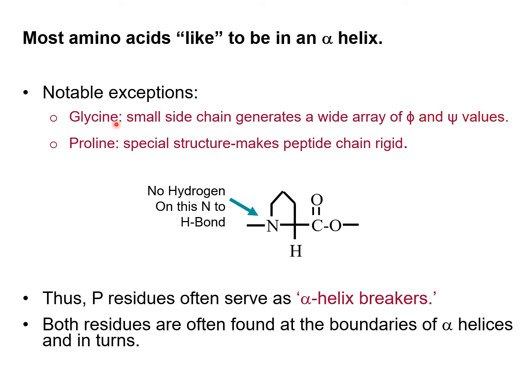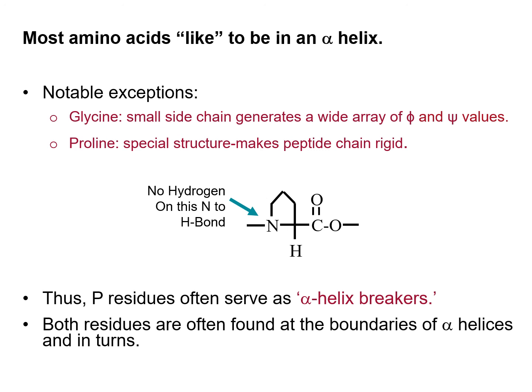The first one is glycine, the amino acid with the smallest side chain, which is just a hydrogen atom. It can generate a wide array of phi and psi values, meaning it is too flexible, so it makes the alpha helix hard to sustain its form.